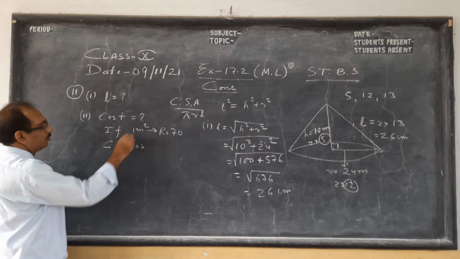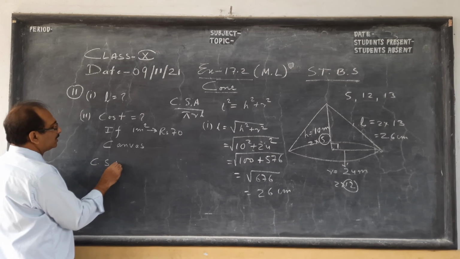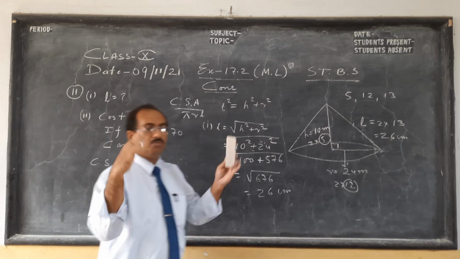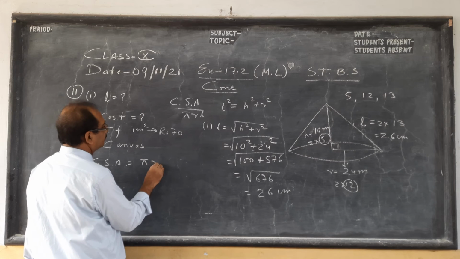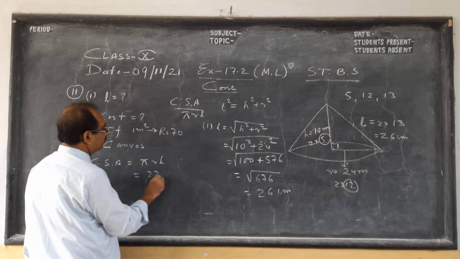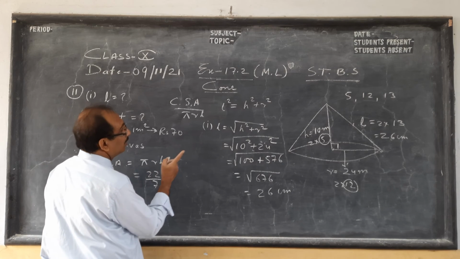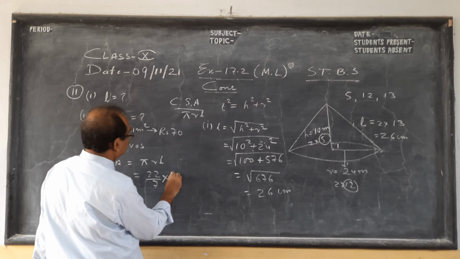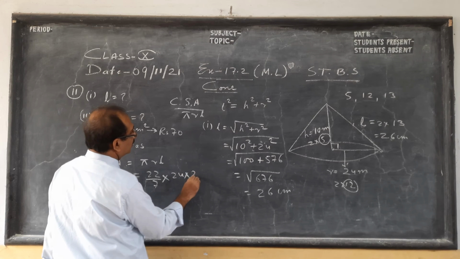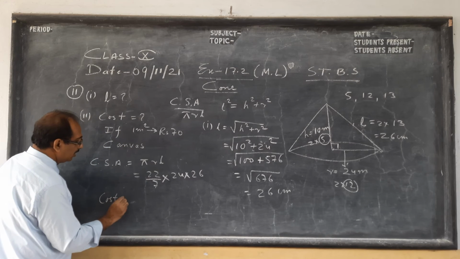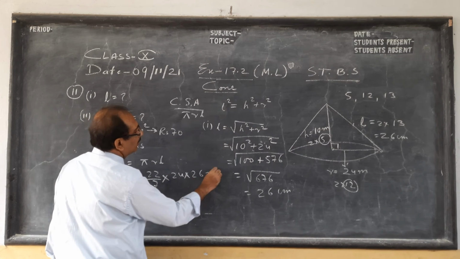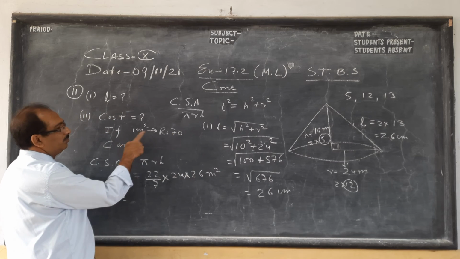Before you find the cost, we have to find the CSA, curved surface area, how much canvas is required. So pi RL, this is the application of curved surface area: 22 by 7 into, what is my R? 24 into L, which is 26. Here, if you try to find cost, simply multiply by this many meter square. 1 meter square costs this.